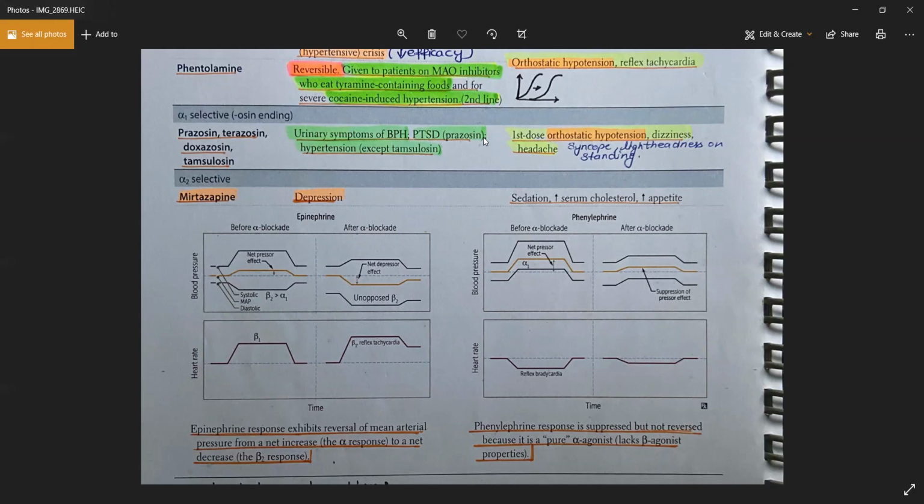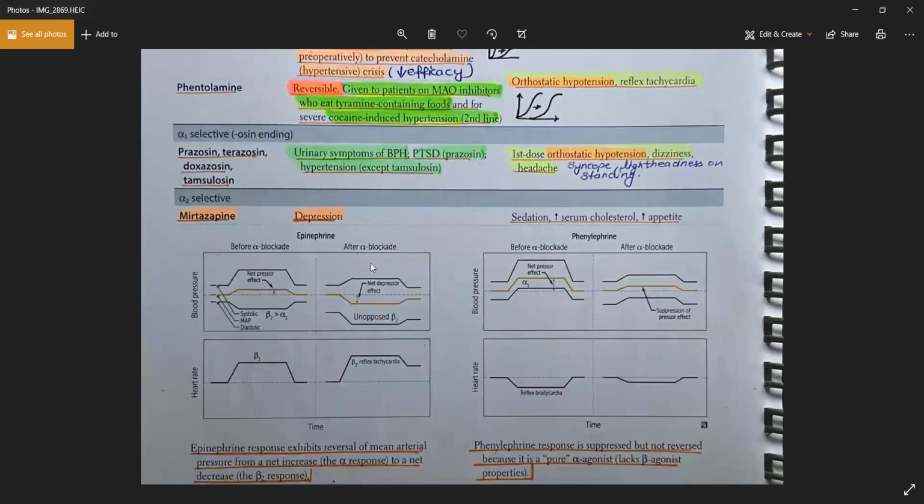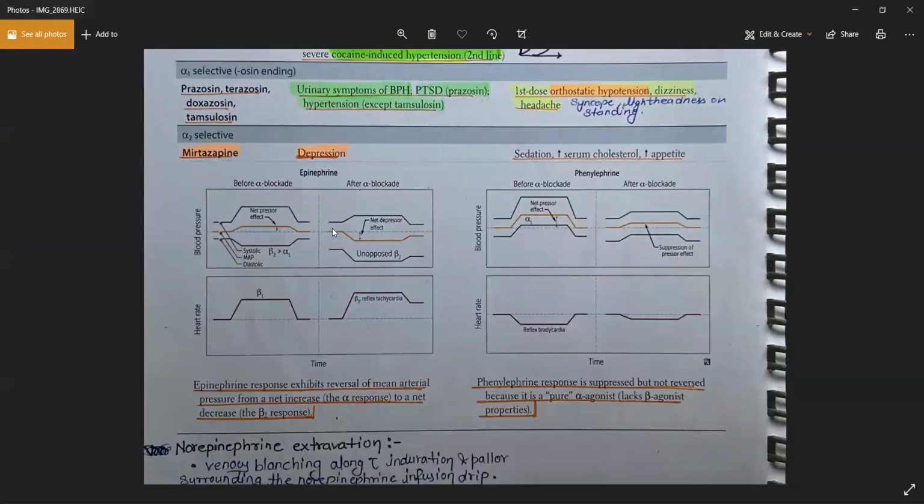If you want to know better, prazosin can reduce the nightmares in case of PTSD. So that's why you can use this drug, to reduce the nightmares. As for the mechanism of action, I really don't know why it reduces the nightmares, but it does. That's all I know.